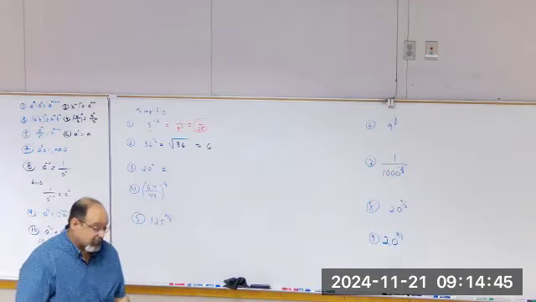When you read it, whether out loud and you mumble it or in your head, 9 to the negative 3 over 2. How do we do 9 times itself negative 3 over 2 times? 9 to the negative, that doesn't make any sense. 3 over 2 is the next thing you have to deal with. But I don't raise things to negative powers. You only raise things to positive powers. So what are you supposed to do?